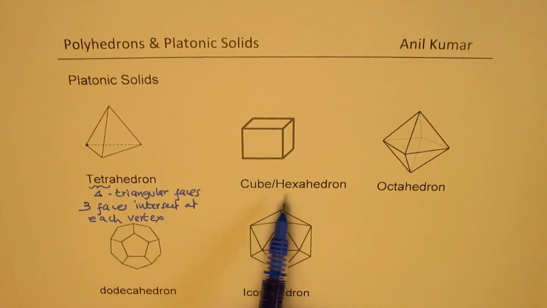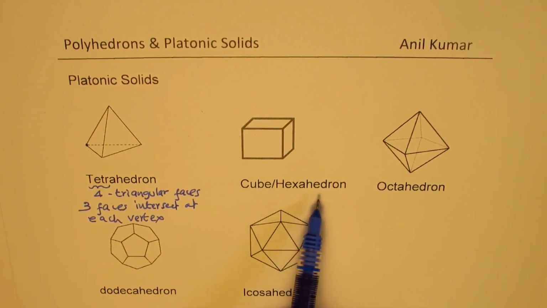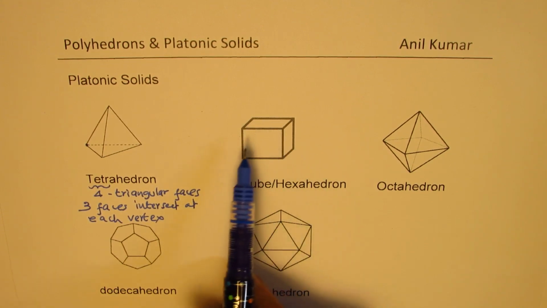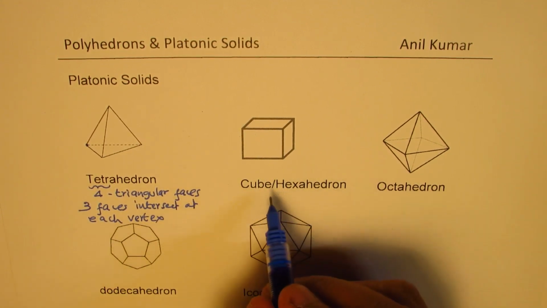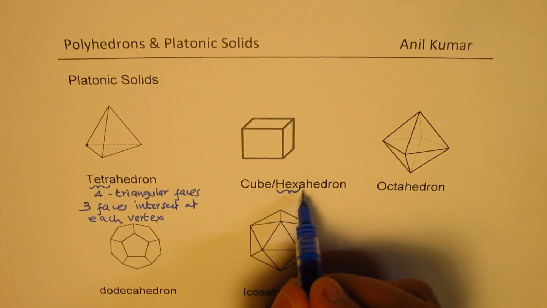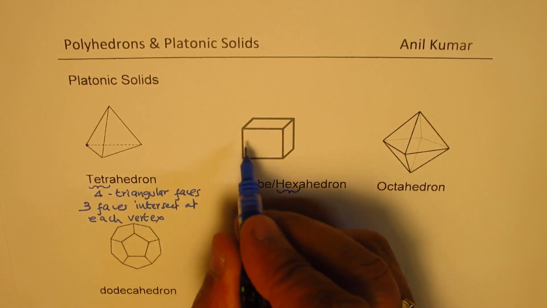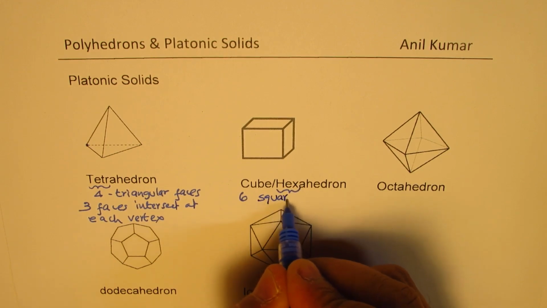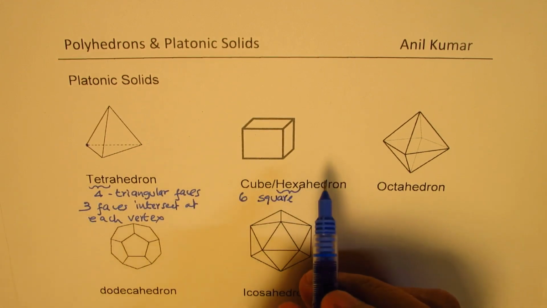Now cube is also called hexahedron, since it has 6 faces. Hexa means 6. So we have 6 squares, which means a regular figure.